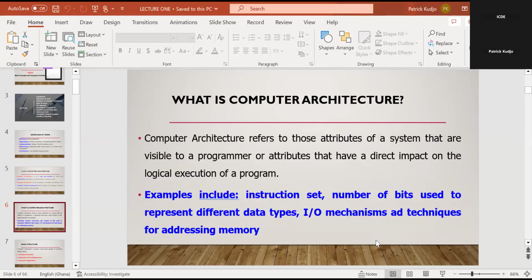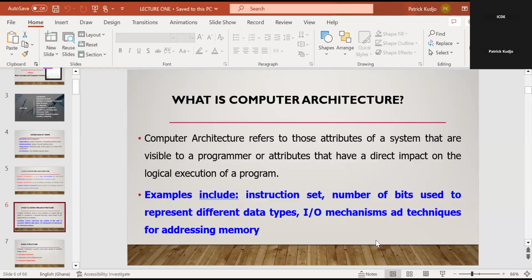Now, in summary, computer architecture refers to those attributes of a system that are visible to the programmer, or attributes that have direct impact on the logical execution of a program.